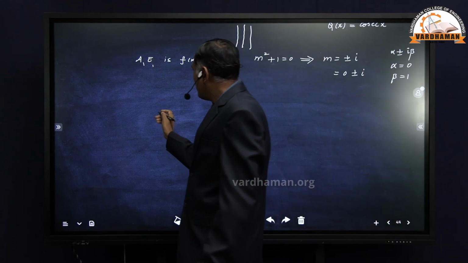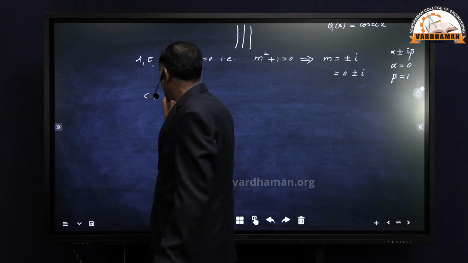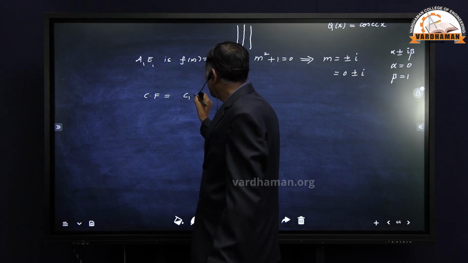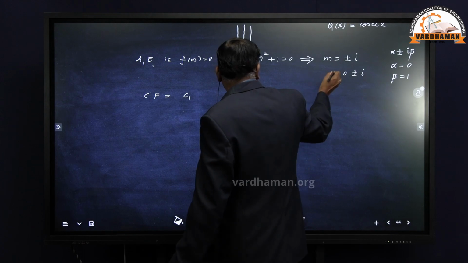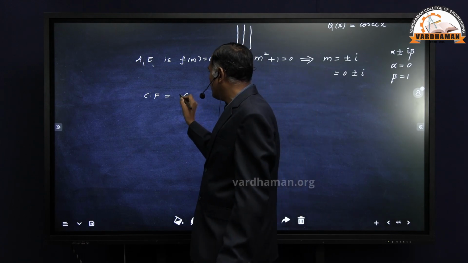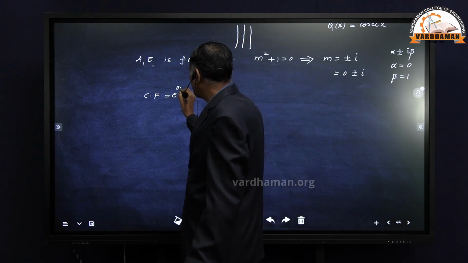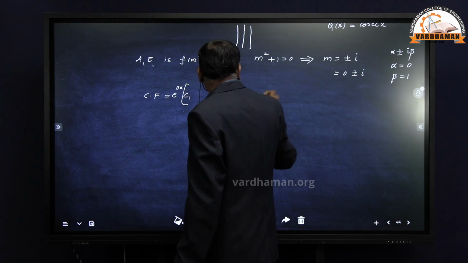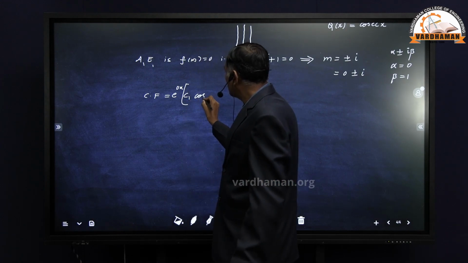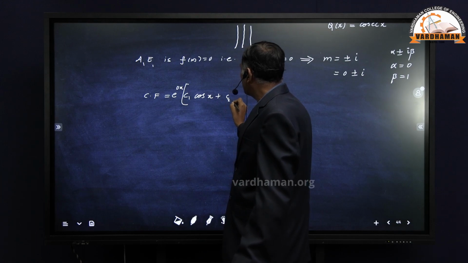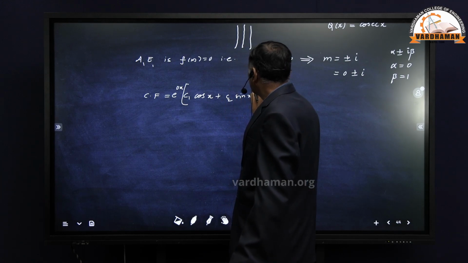So the complementary function is given by C1, here e power 0x is 1, so let us write it like this: C1 cos beta x plus C2 sin beta x.